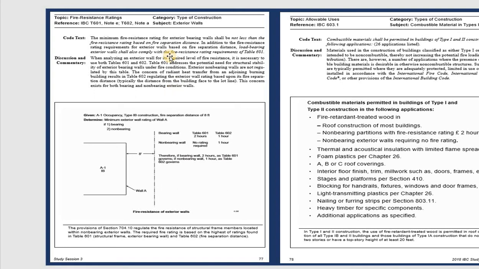So on the exterior wall, we have many things we need to discuss too. For example, you have the building, and the building is group A1, and after that they have 1B. The type of the structure is type 1B.